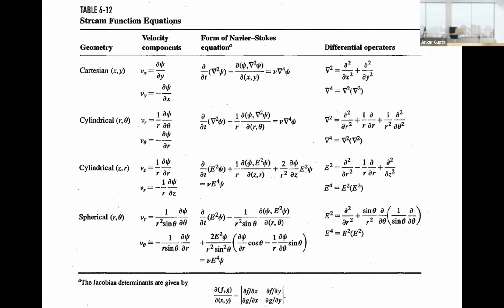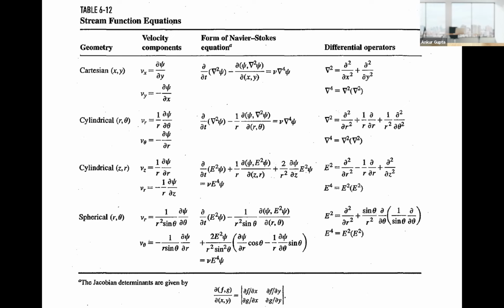Now this tells us that the stream function is great, but it doesn't mean I can just use it anytime I want. I have to be restricted in the kind of flows. If you have only two components, like Vx and Vy, Vr and V theta, or Vz and Vr, then you can use the stream function. The second thing you should notice is that the Laplace 4 can sometimes be this E squared or E4.